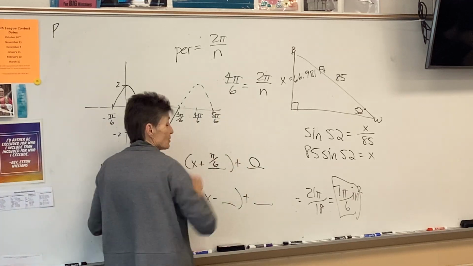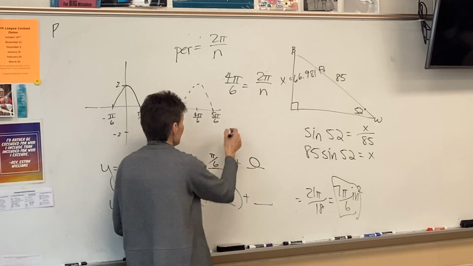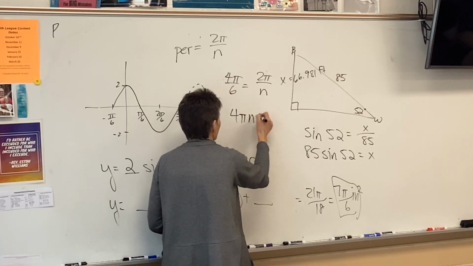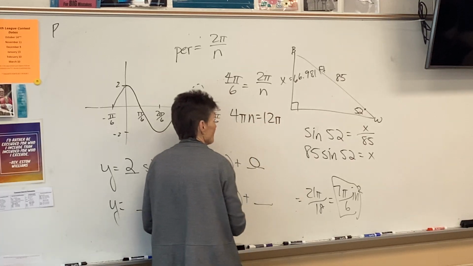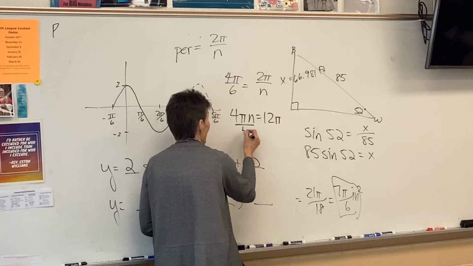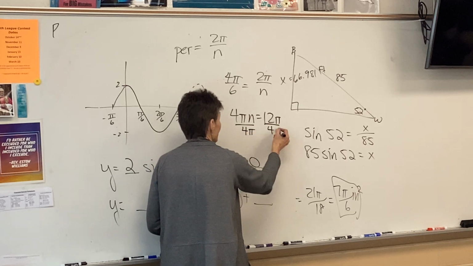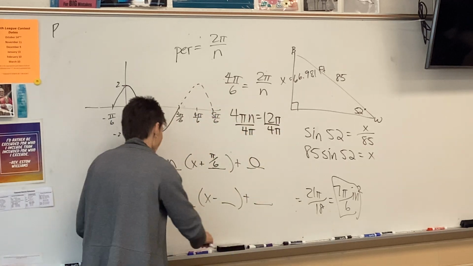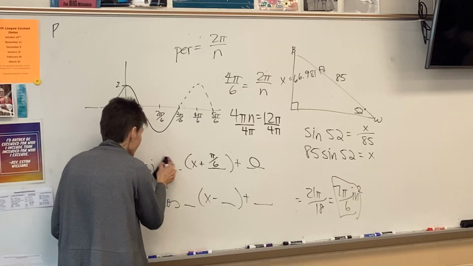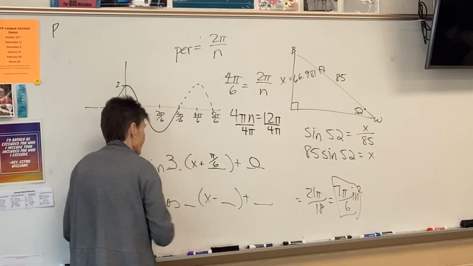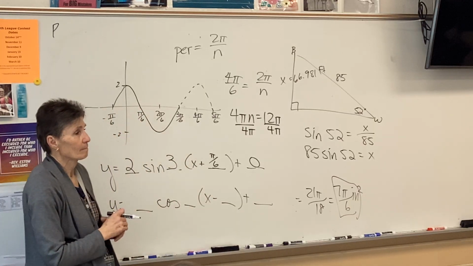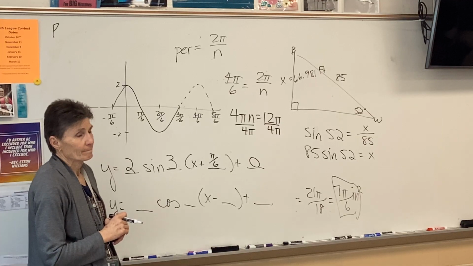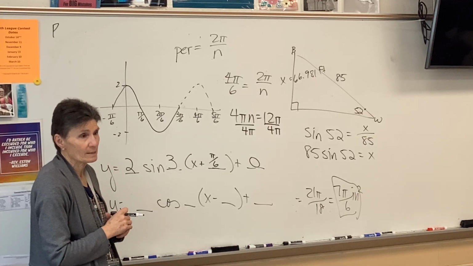So my period is 2 pi divided by n, so I'll cross multiply. 4 pi n equals 12 pi. I divide by 4 pi because I'm trying to figure out what n is, and what does n work out to be? 3. That number will be positive always.